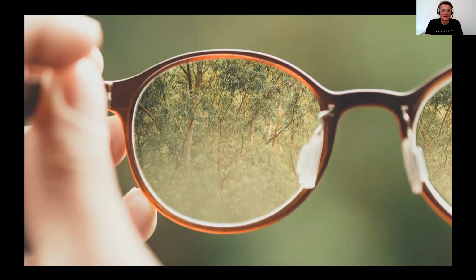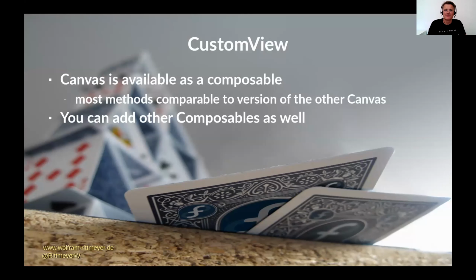So I already mentioned custom views, and that this is an area where Jetpack Compose shines. Well, many views you might create simply by actually composing other views, but not everything. And sometimes you need to draw directly on the screen, and this is possible with Jetpack Compose, of course.